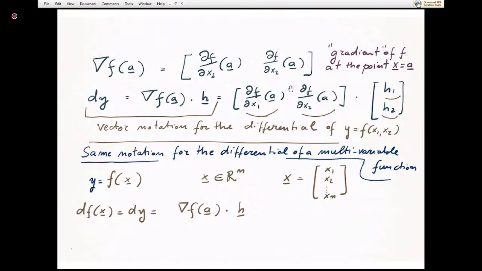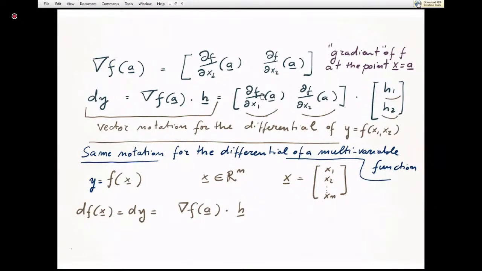And when I multiply a row vector like this by a column vector, it is the first element here times the first element of the second vector plus the second element here times the second element of the second vector. Okay, plus. So I take the sum of the result.